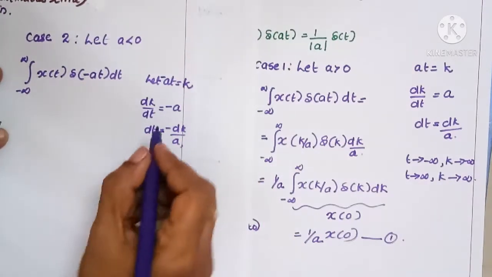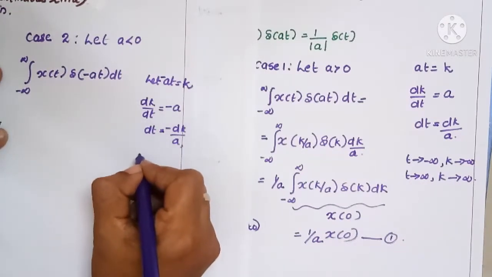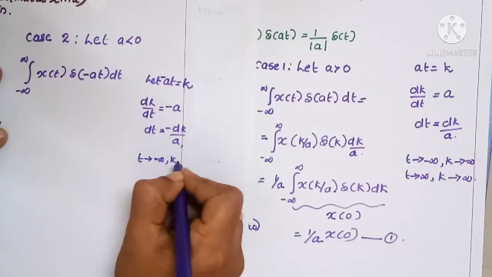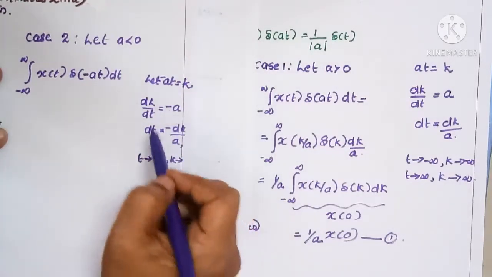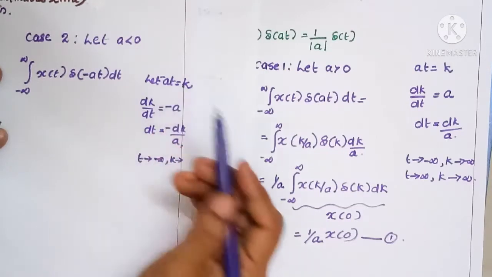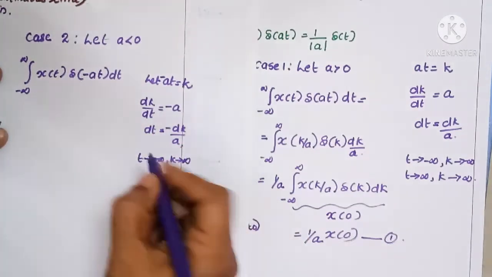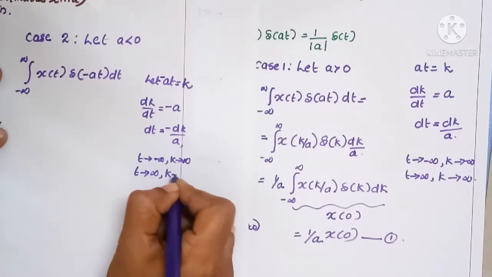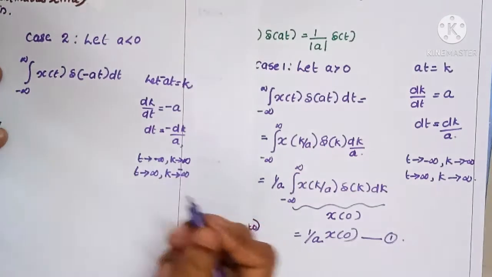Also we need to find out the limits. Here t tends to minus infinity. What is the value of k? If t tends to minus infinity, k becomes infinite. Also if t tends to infinity, k tends to minus infinity.